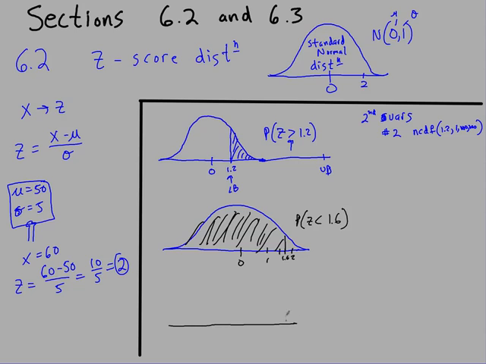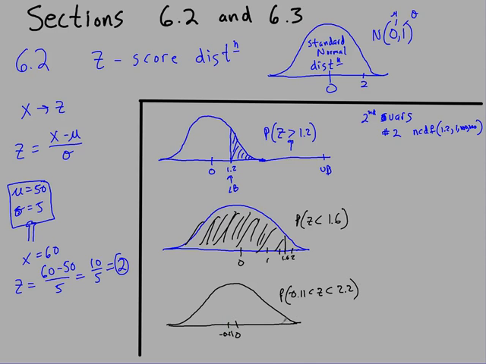Or another thing that they could say is between. So I could say find the probability that z is greater than negative 0.11 but less than 2.2. So this is asking in between. See, this is a negative 0.11, so it's pretty close to the 0.